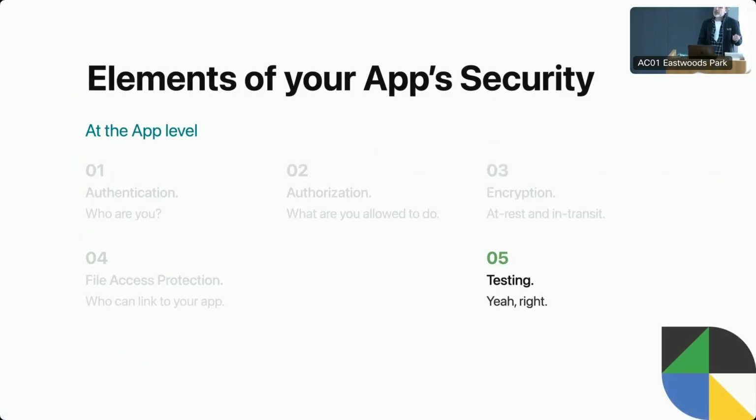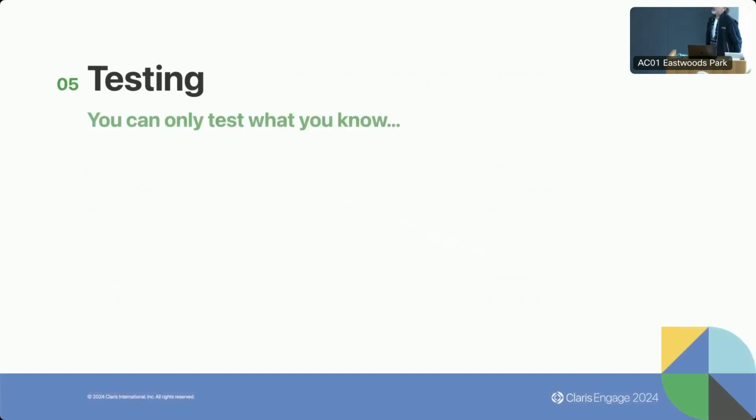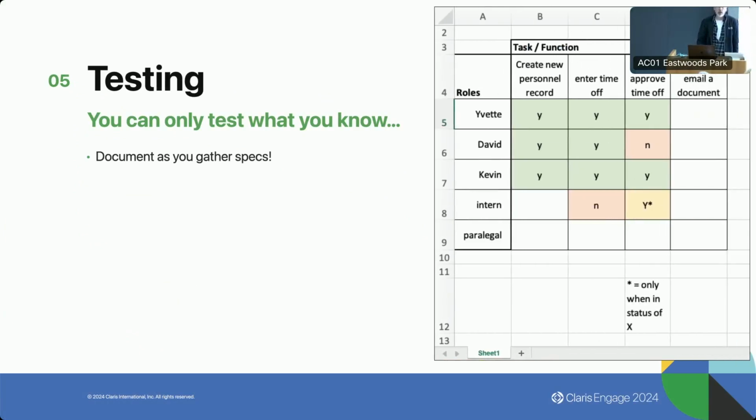All right, and testing, like I said, we do this rigorously. But you can really only test what you know. What it really means is that you should document how you want security to look as you gather specs, in your conversations with clients. I use something like this, an Excel sheet. I call it my security matrix, so that you have it with you as you're discussing groups of users, roles, and areas of functionality, and you can flesh this out as you go along.